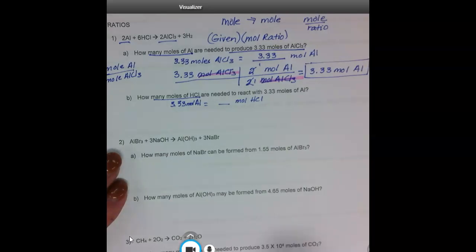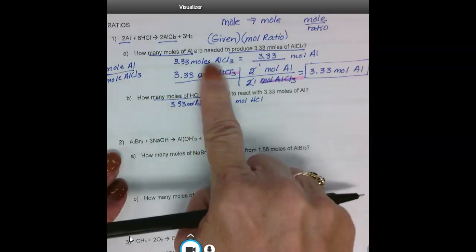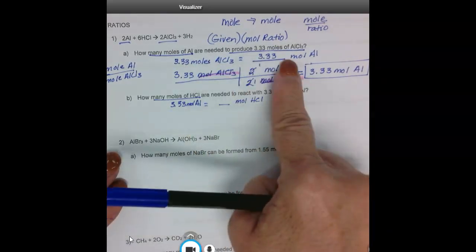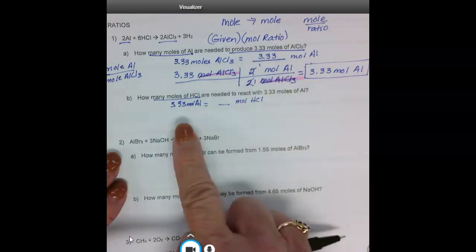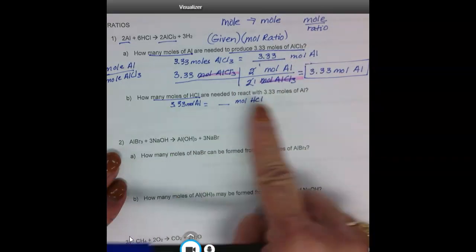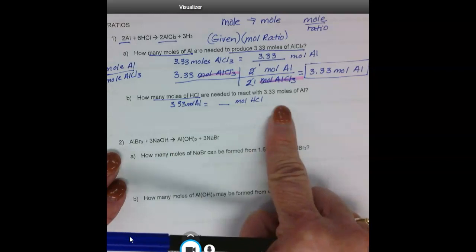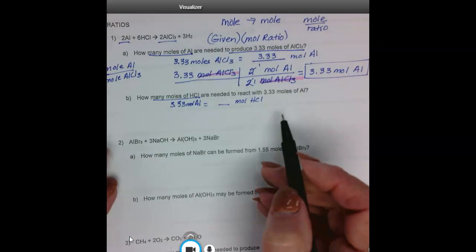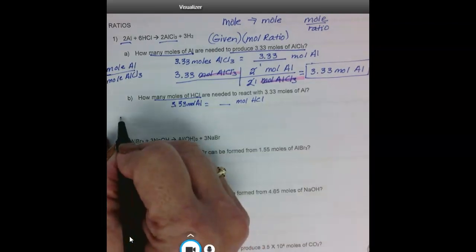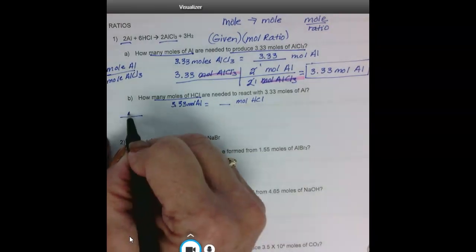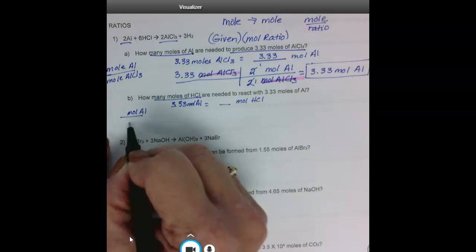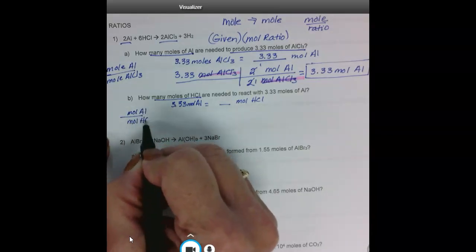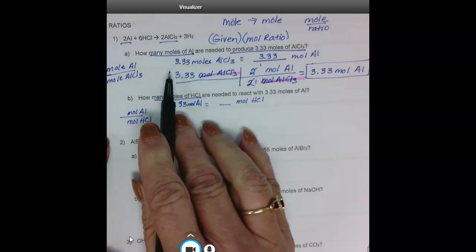So I want to produce 3.33 moles of aluminum chloride, so I needed 3.33 moles of aluminum. Now the question is, how much hydrochloric acid do I need to mix with that aluminum? So again, I'm going to look at my mole ratio: moles of aluminum, moles of HCl, and come up to my problem and look.